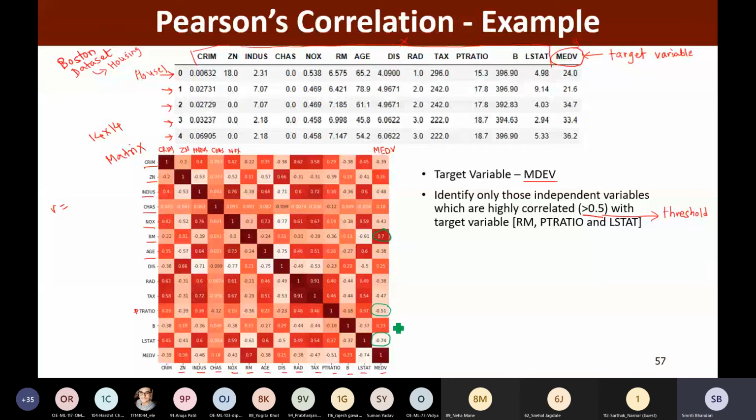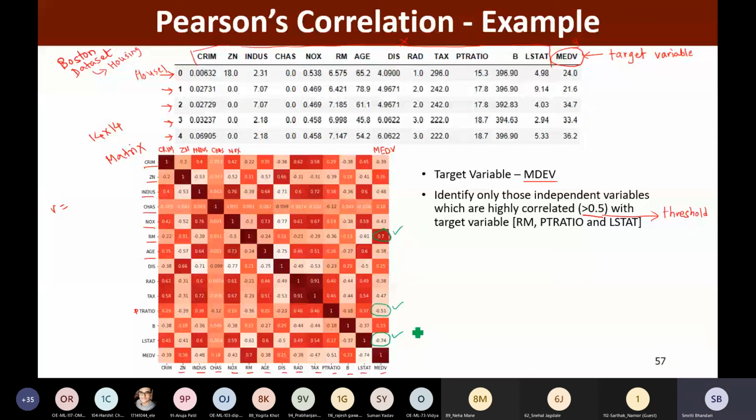Correlation is more than 0.5, then we say that these are highly correlated with our target variable. So meaning these 3 variables or these 3 features are influencing my target variable, right?